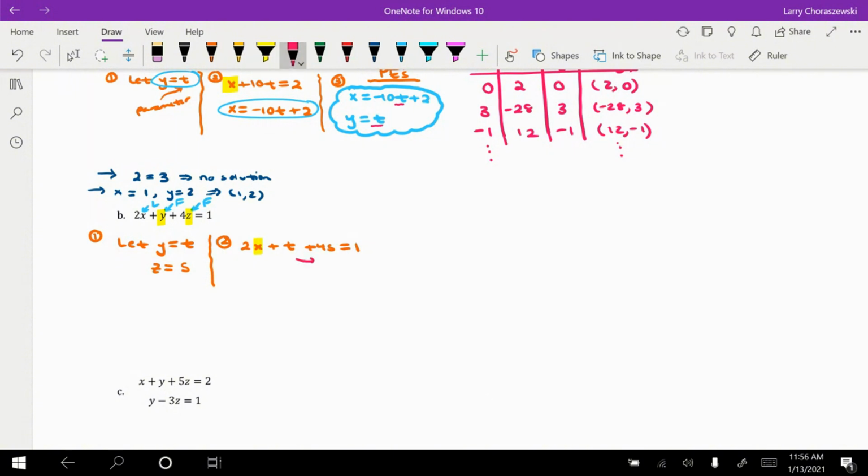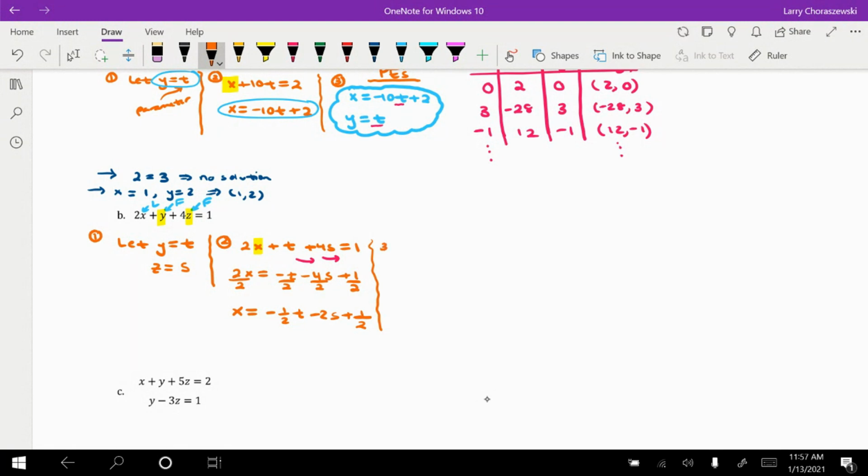Maybe we'll start off by subtracting those two terms over to the right to get 2x equals negative t minus 4s plus 1, and then we can divide everything by 2, and we get x is equal to negative 1/2 t minus 2s plus 1/2. So x is isolated, and it's also in terms of the two parameters that we defined.